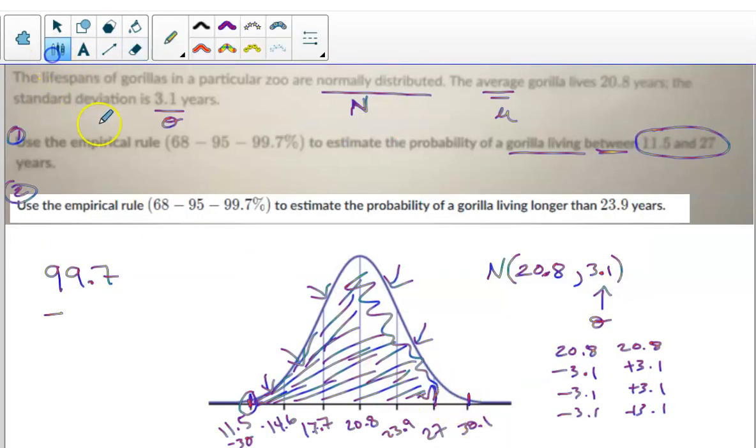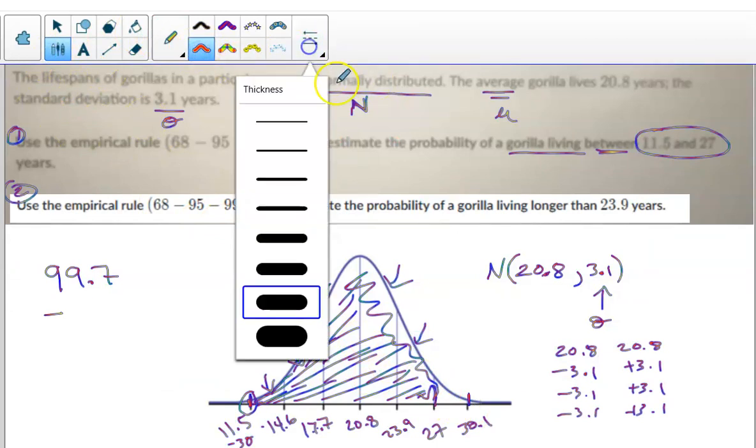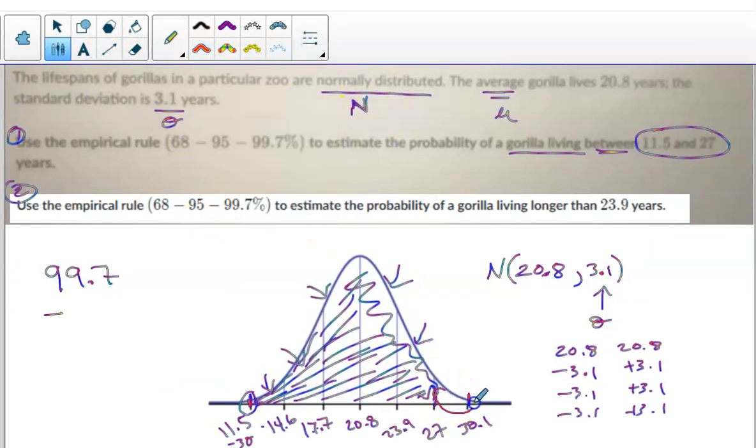I don't need this section, so I'm going to subtract it. 2.35, you subtract those values, you'll get 97.35. So we have answered the first question. The probability of a gorilla living between 11.5 and 27 years, that's almost the whole curve. So it's 97.35. All right, next.